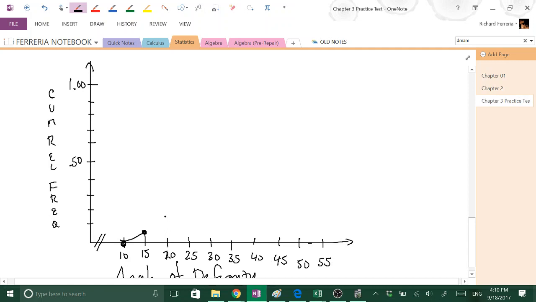1.8. And then after 1.8, 4.2. 4.2. 7.1. Okay, after 7.1, 9.2.